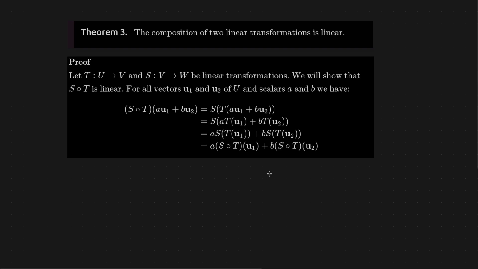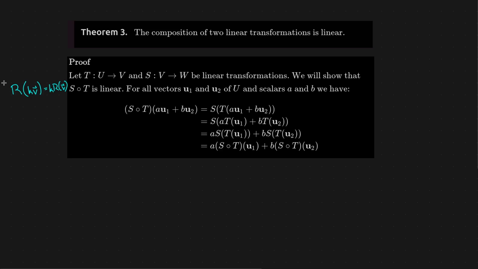All right, so let's prove it. The proof is pretty straightforward. We're going to take two transformations, T and S. We need to show that the composition is linear. So remember, to show that a transformation is linear, you need to show two things. For some transformation, I'm going to call it R, just so we don't confuse it with the letters we've already used, S and T. If R is linear, and I take the transformation of a scalar multiple of a vector, it doesn't matter if I take the scalar multiple before or after I apply the transformation.